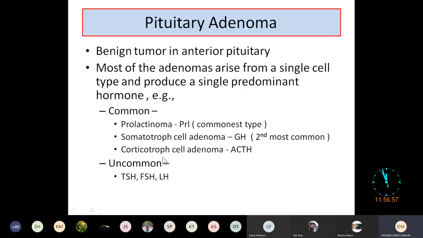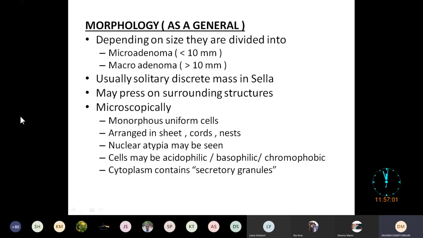So now we'll go to the morphology. In the pituitary adenoma as a whole, depending on the size, they are divided into microadenoma and macroadenoma. Micro is small, isn't it?